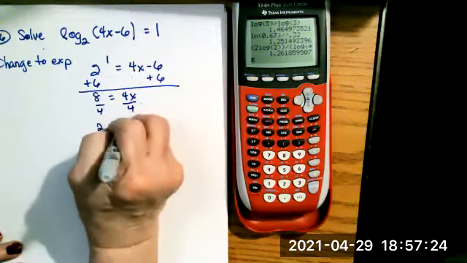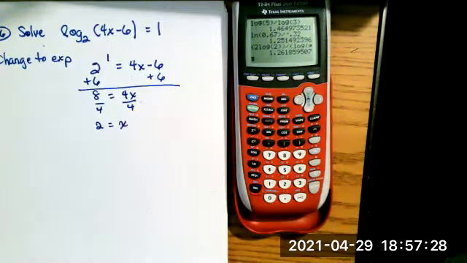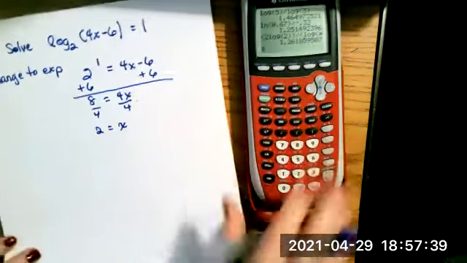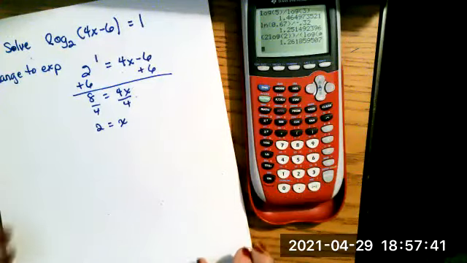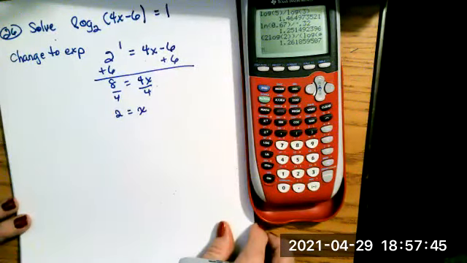So 2 ends up being x. Okay, so see, that's not a bad problem if you just remember to change it. It starts with a log, so change it to exponential. Any questions on that number 26?